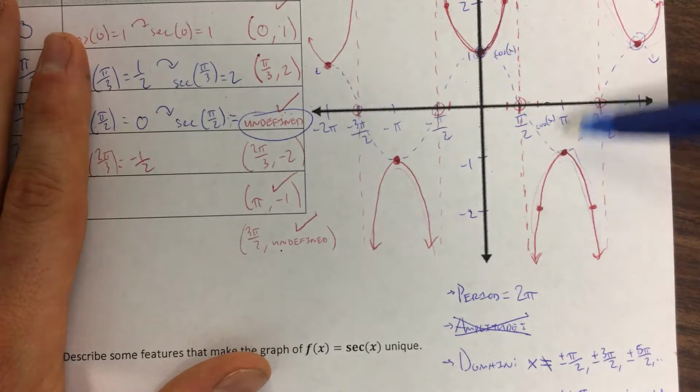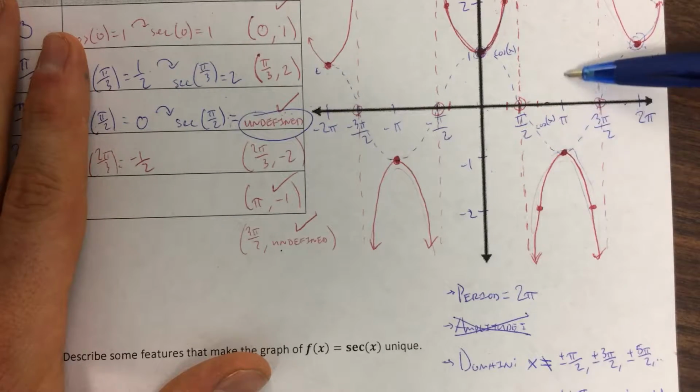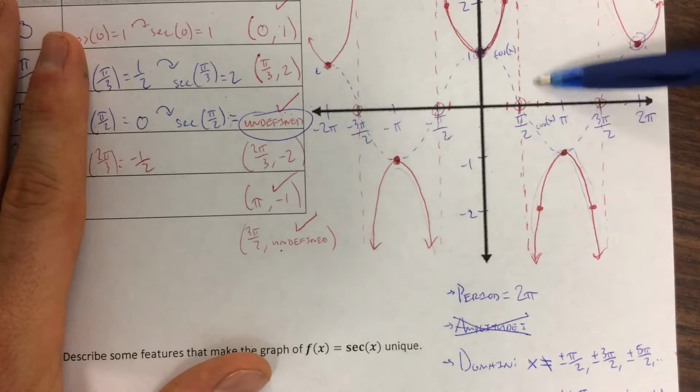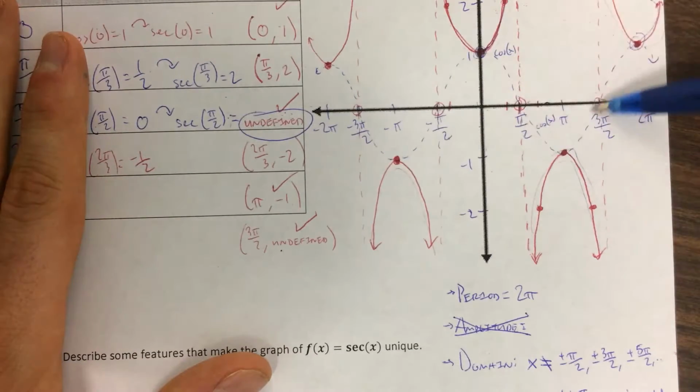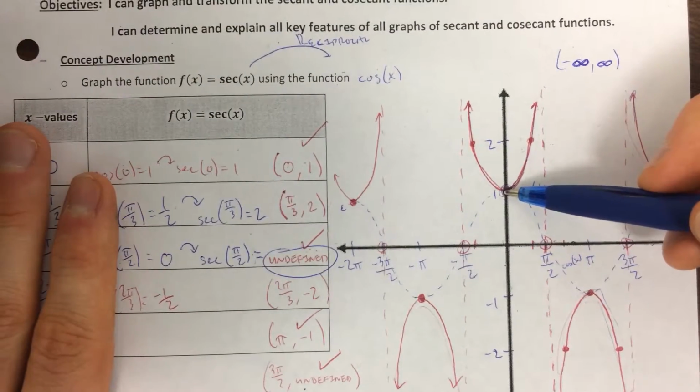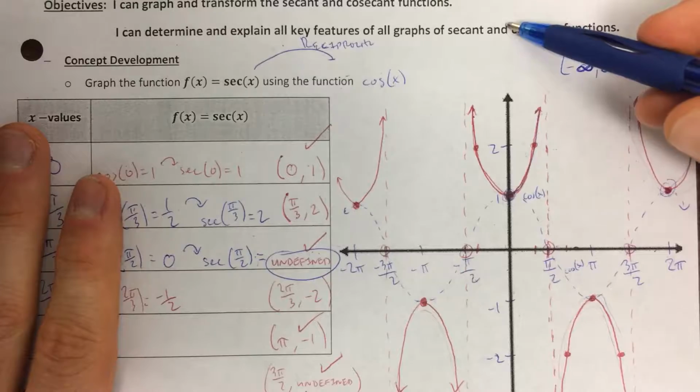Now, if we keep going, there's no function value between here until we get to positive 1. So nothing's happening with our graph in all of this area here. But it does touch here at 1 and goes on forever to positive infinity.